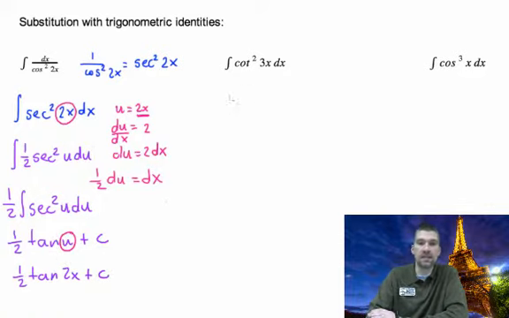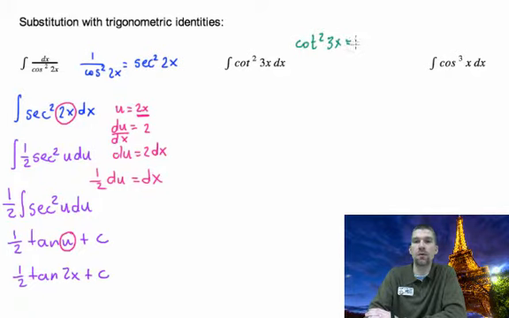Okay? What about this next guy, cotangent squared of 3x? Well, if you look on whatever trig resource you have with different trig identities, cotangent squared of 3x is equal to cosecant squared of 3x minus 1.